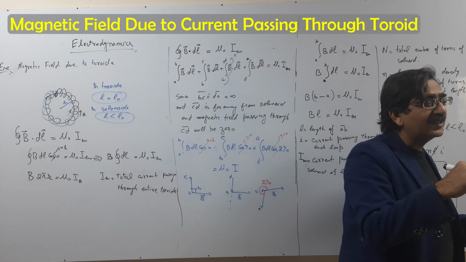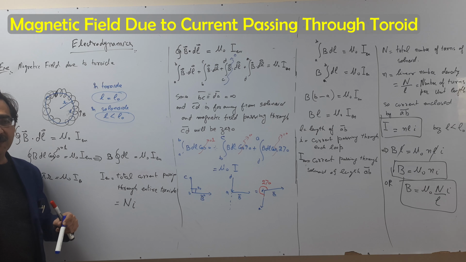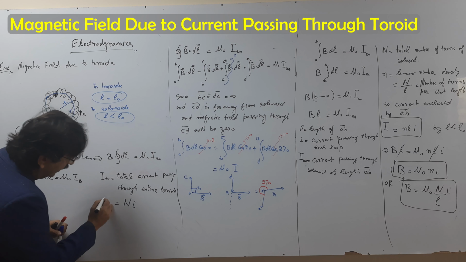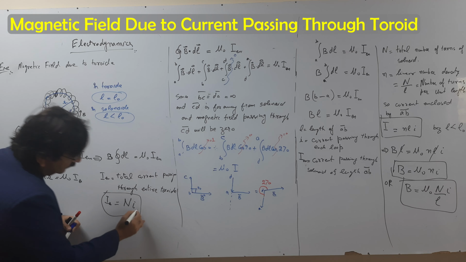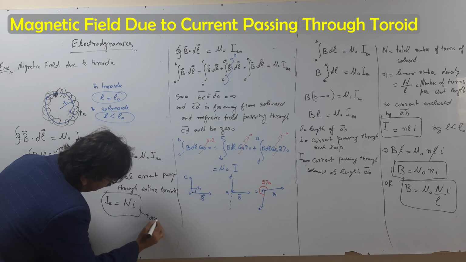So now we will not consider the number density, but we will consider the total N. So I enclosed will be N I, because it is total, not a number density per unit length. That is different for total.